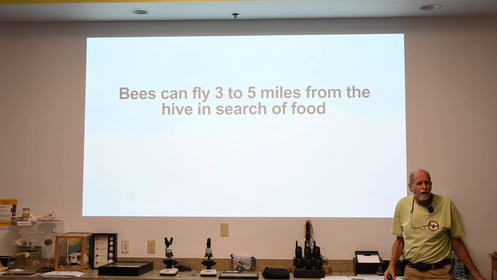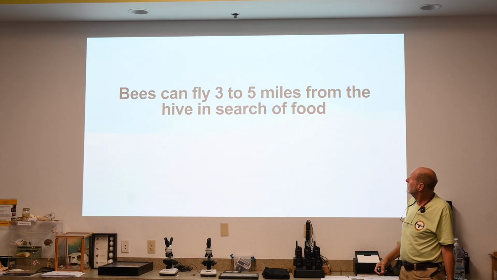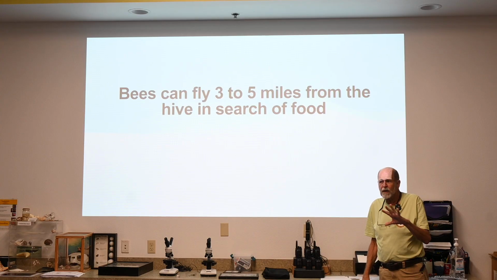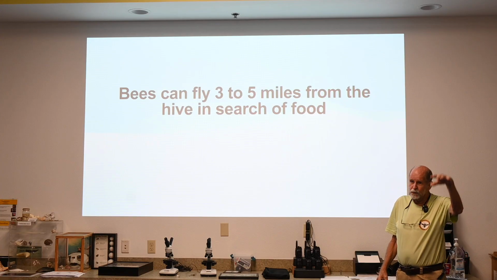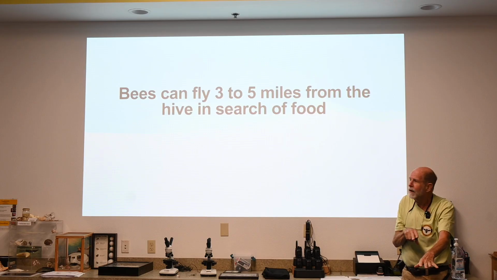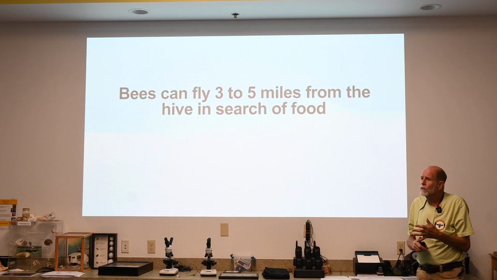Now, the bees are very, very local. It has been said that the bees can fly up to 3 to 5 miles from their hive. The 5-mile range is probably the outside extreme, them flying downhill with the tailwind in both directions. More likely, bees are going to fly no more than 1 or 2 miles from their hives. They are very local.